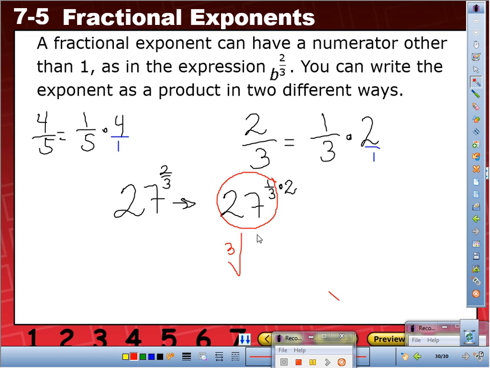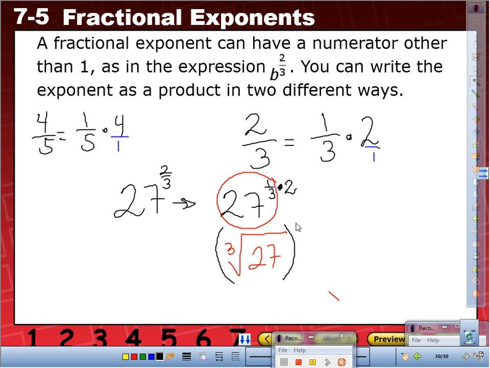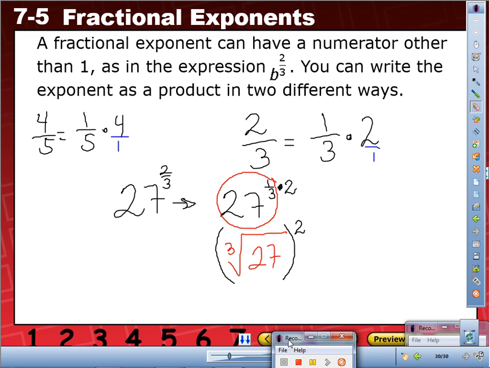Cube root of 27. Now check this out. What operation is this? Multiplication, so that's why you need to open up parentheses there and then bring down the 2 right there. Copy this, please. All right, so far so good, right?